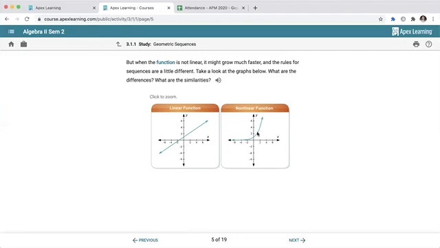And even before this value of 2, at maybe 1.5 or 1 or 0, it looks like this linear function might actually have a higher value than the nonlinear function. So again, take into consideration what your field of view is. What are you able to actually look at here?